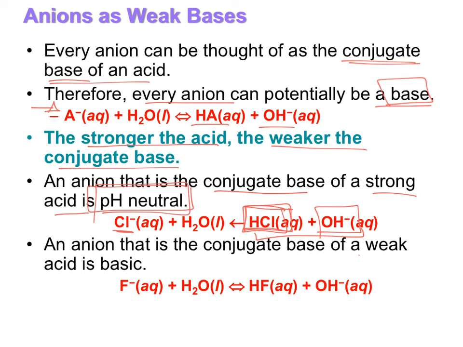If you have an anion that is the conjugate base of a weak acid, you will have a basic solution, because the acid forming from this anion is weak. So not all of it is going to ionize. It's not going to neutralize completely with that OH minus.